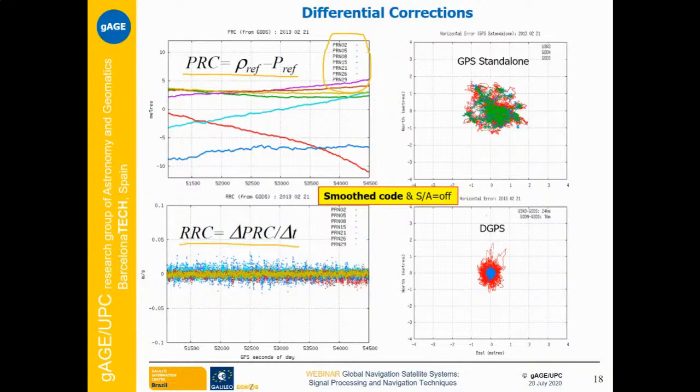And just to summarize, we can see the performance of these three permanent receivers in standalone and how they perform. Same data, same receiver, same day, everything is the same, but only by using the data in differential mode, we improve a lot the performance.